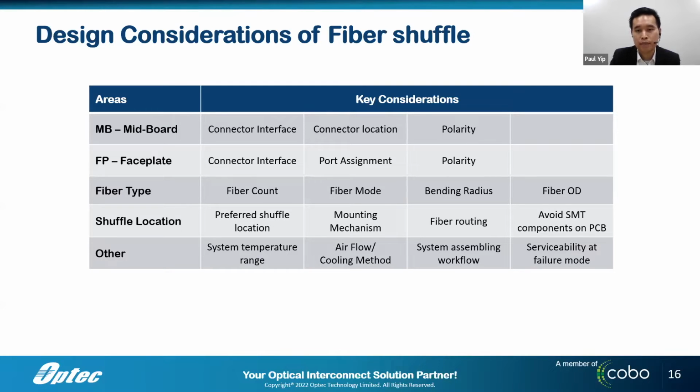And other concerns, as I mentioned, like temperature, vibration, and different kinds of cooling methods. We can consider all this in our designs. And of course, finally is how we can service them when one end or one fiber has failed.